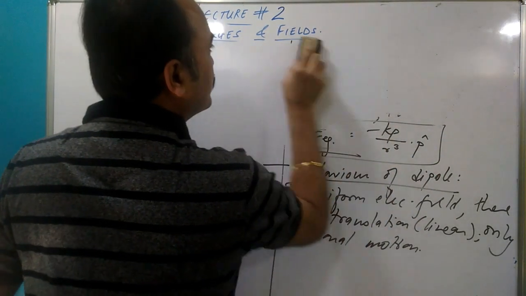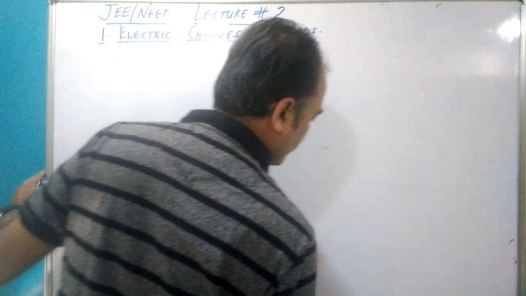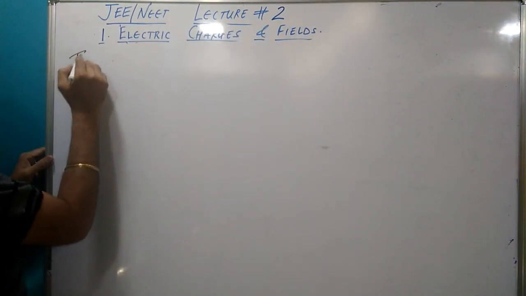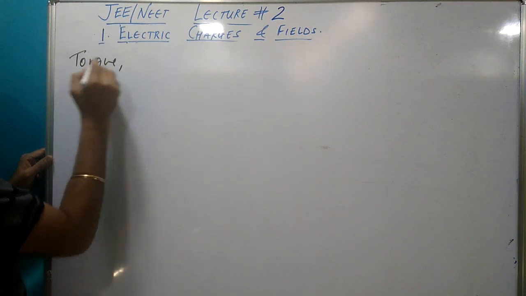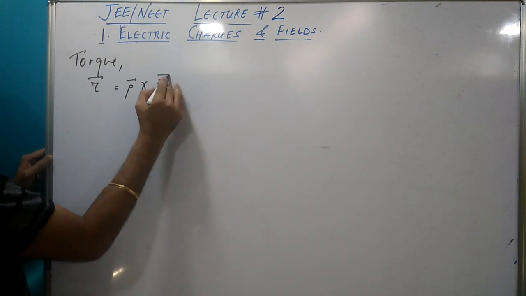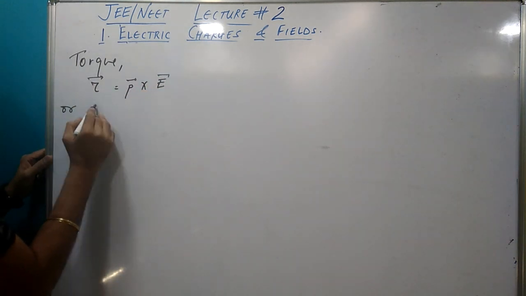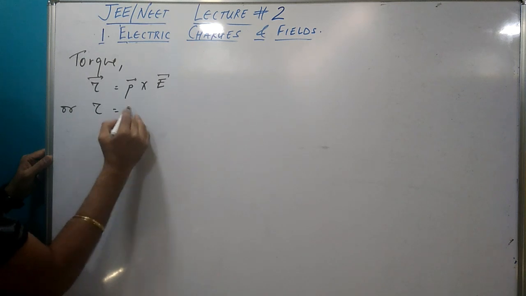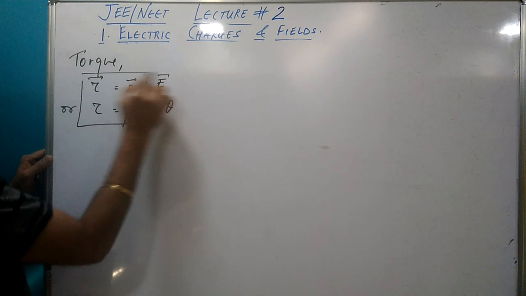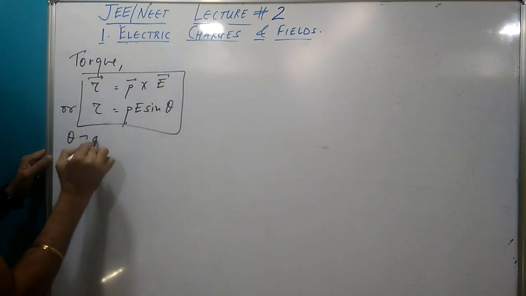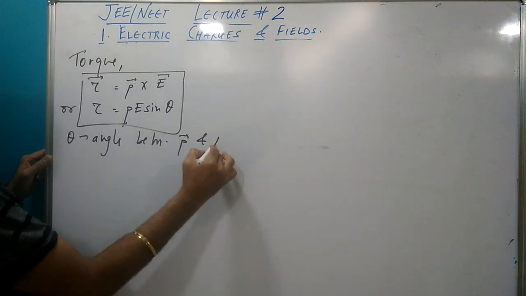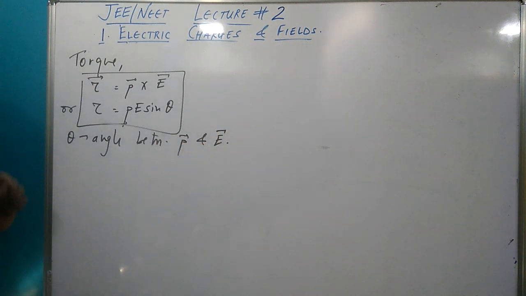The torque tau bar is P bar cross E bar, or magnitude of torque tau is PE sine theta, where theta is the angle between the electric dipole moment P bar and the electric field E bar.